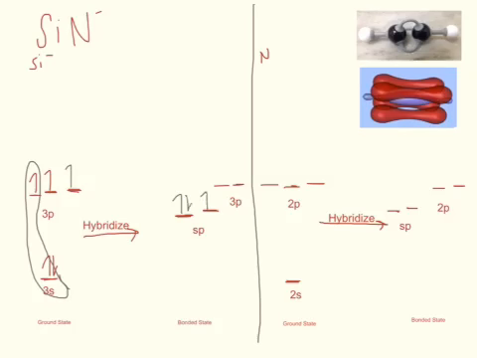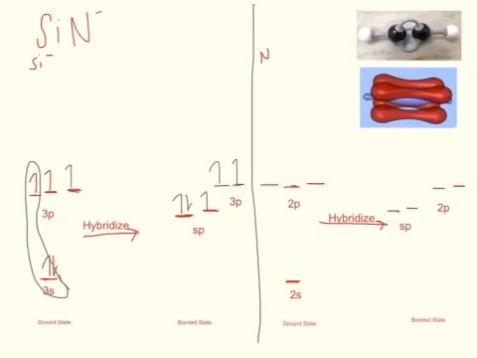This is our lone pair right here, and then right here we still have 1 more spot left to bond, and this is going to be a sigma bond. These 2 electrons right here are going to go in here, and these are going to form part of our pi bonds.